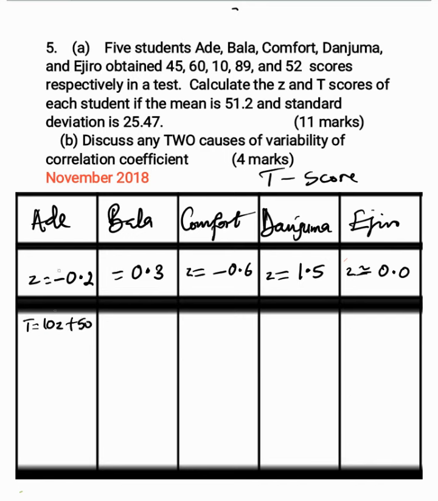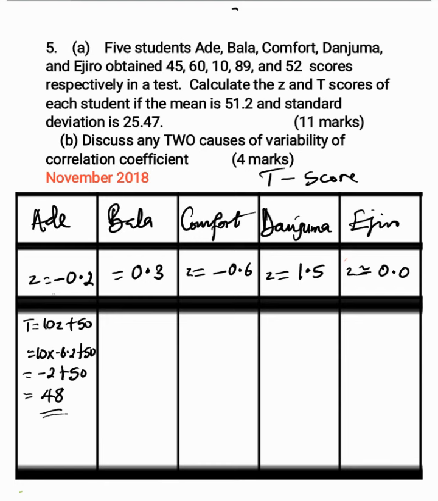So for Ade, the T-score is going to be 10 times the Z score, negative 0.2, then we add 50. 10 times negative 0.2 gives negative 2. Then when we add it to 50, we are going to have 48. That is for Ade.